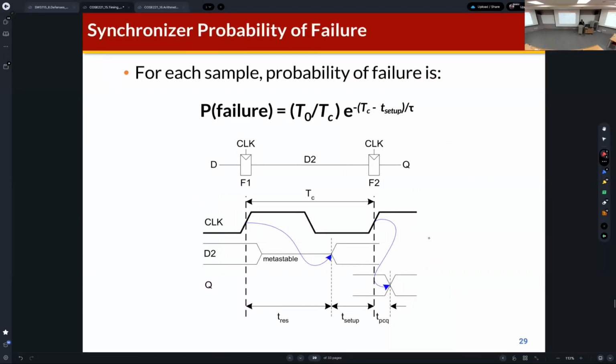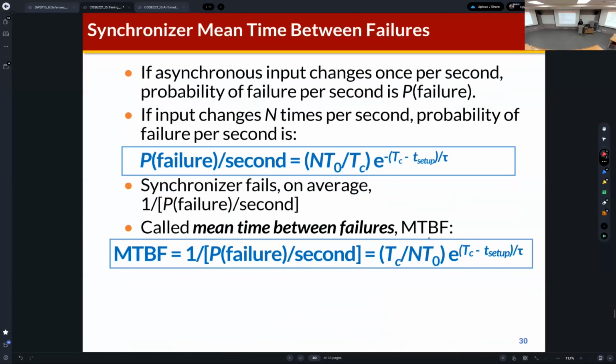Okay, so this is the failure function of the synchronizer, and this is an important metric for the reliability of the system. Reliability of the system represents the stability of the system, but I will not cover this slide.